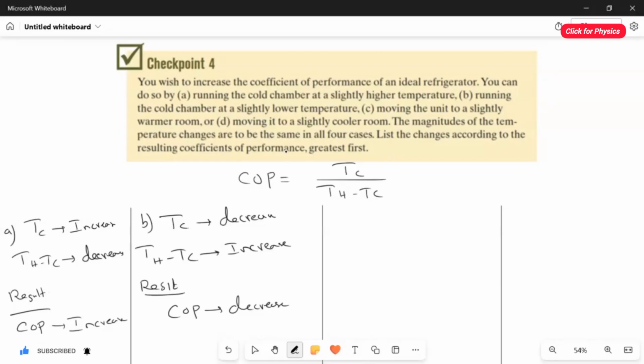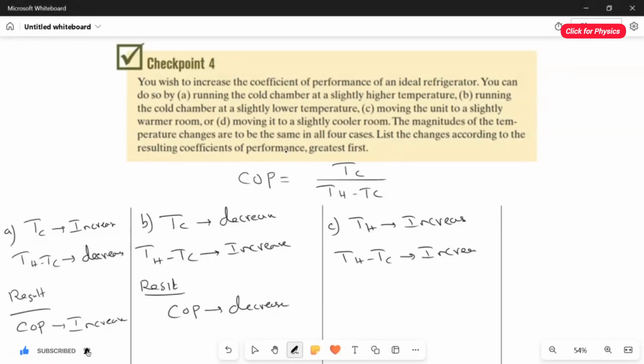Let's come to the third point. Moving the unit to a slightly warmer room. That means in the third case, we have to focus on the temperature of the hot reservoir. So we are going to increase the value of Th. If you increase Th, your Th minus Tc also increases.